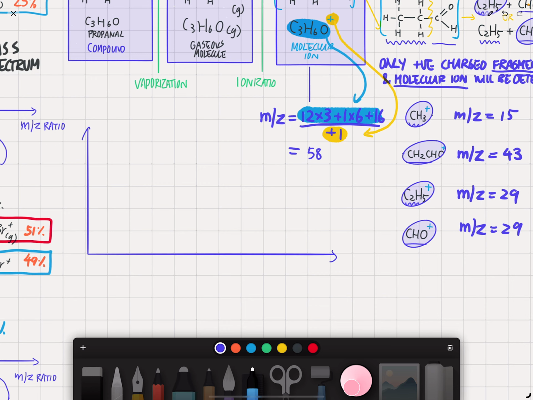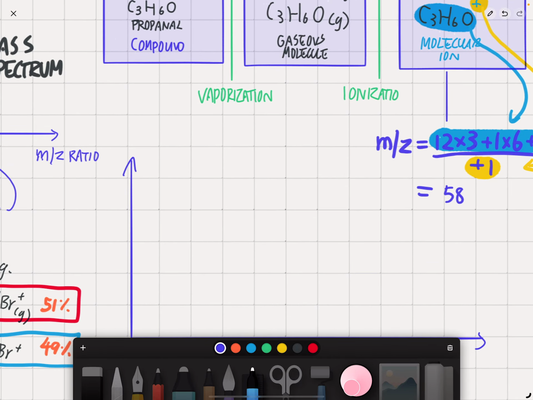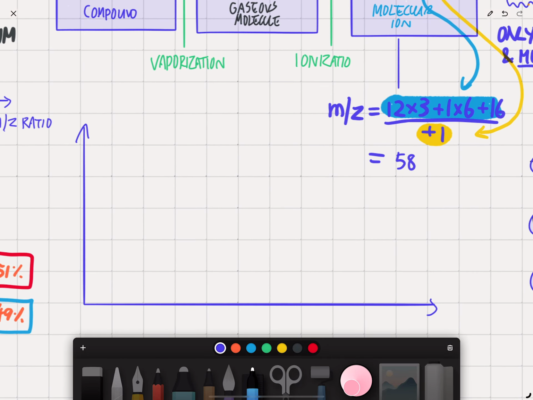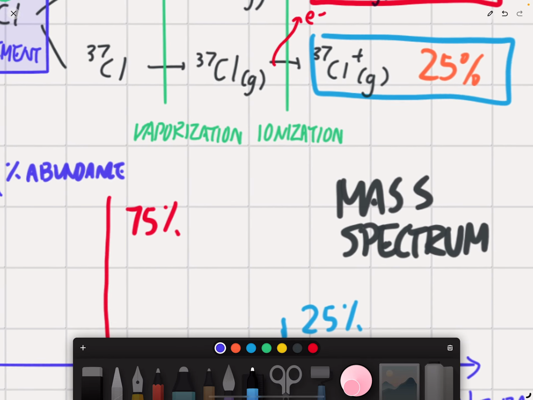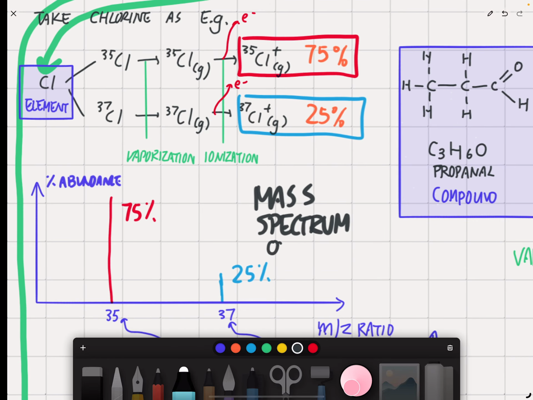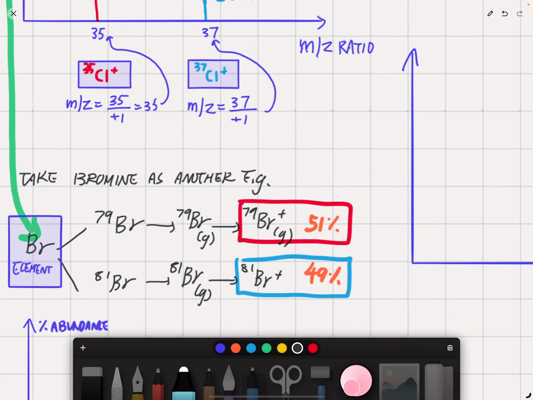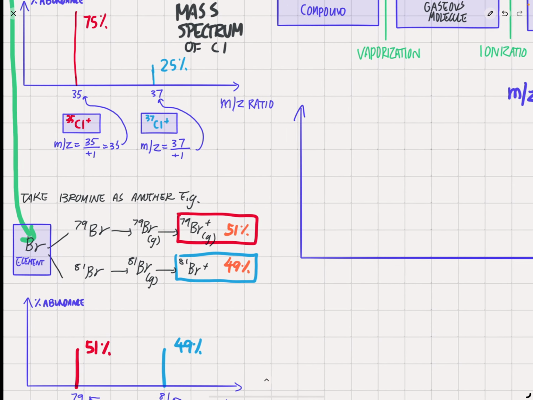Just like before, we have a mass spectrum, but this time this is the mass spectrum of propanol, C3H6O. Earlier, this was the mass spectrum of chlorine, and this was the mass spectrum of bromine.